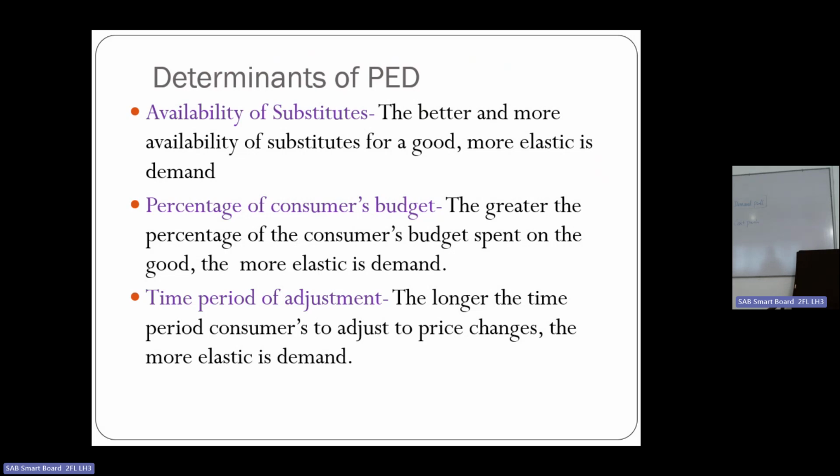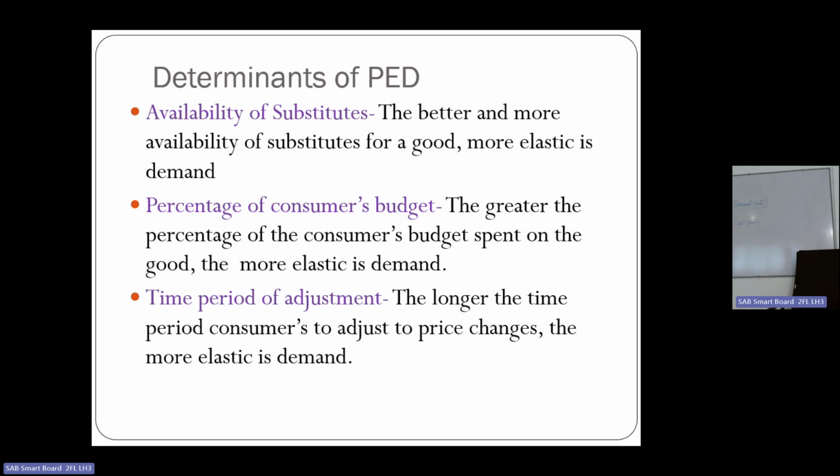We adjust to the price, and that has an impact on the demand. So demand is said to be more elastic as time passes, because you will get more information about the market. The consumer has the information, which can be reviewed over the time period.